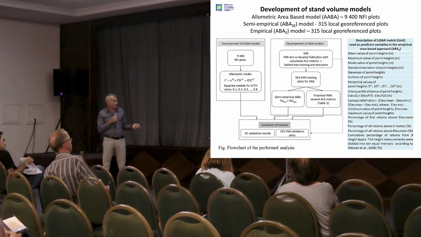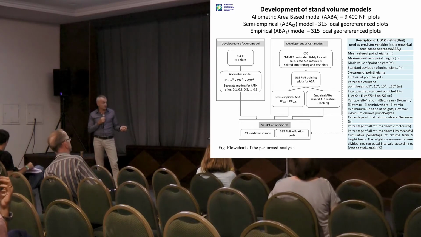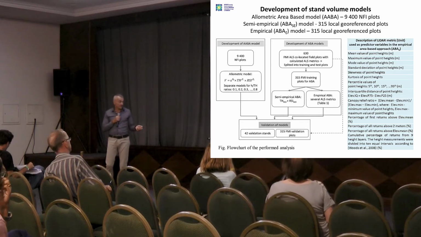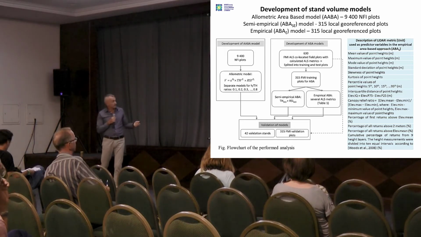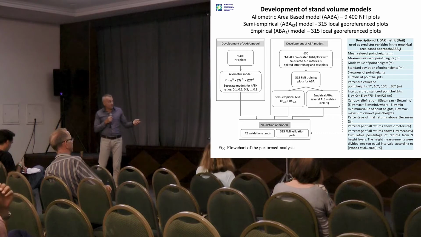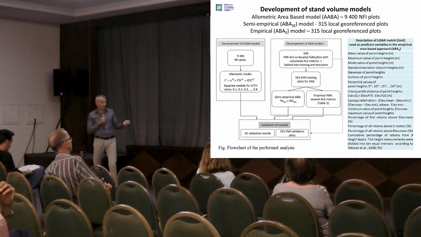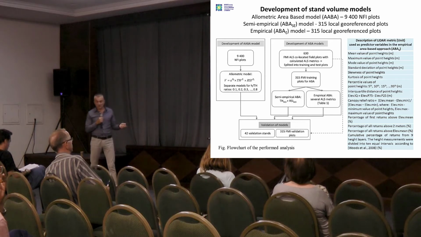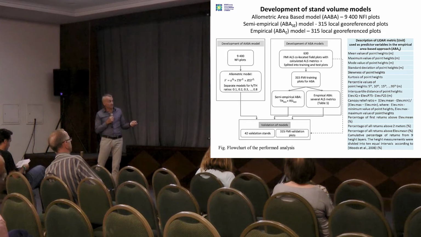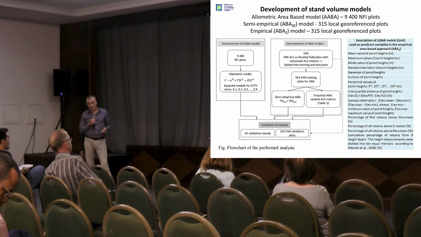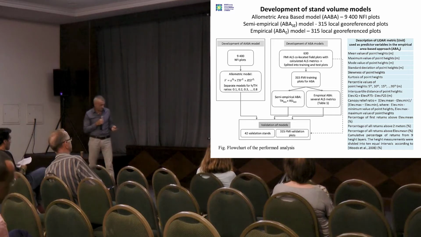This is the model, and we validated it using 42 validation stands and 315 geolocated plots. ABA models were also developed using local georeferenced plots. Half of these plots were used for model development, and the second half for model testing.